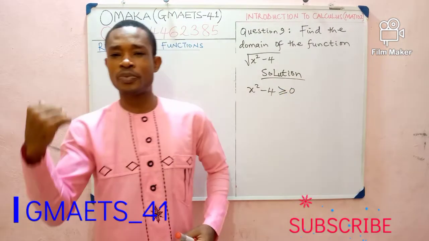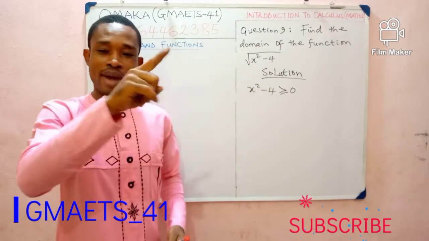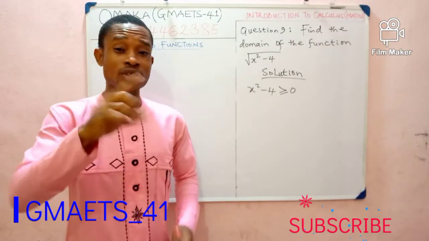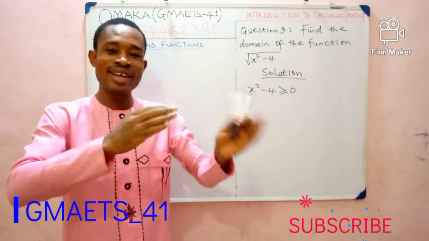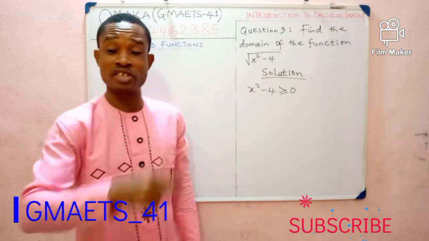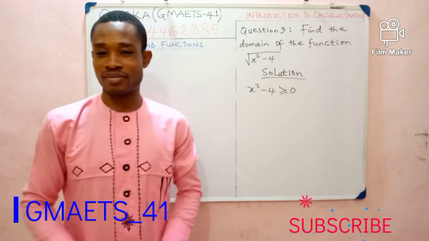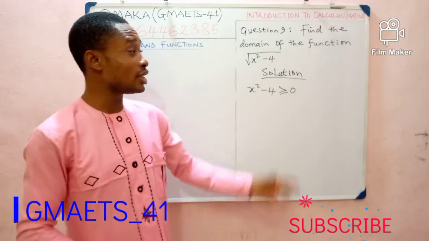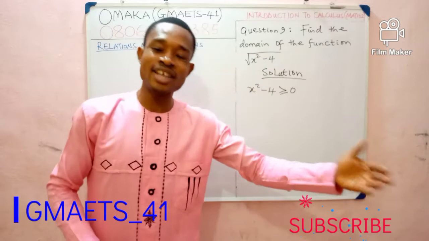You would recall in the previous question number 8, we had square root of 16 minus x squared. I told you that for that, the domain will be numbers between the limits of x you obtained there, because 16 as a number came before the square of x. And I told you to watch out, we're going to solve another problem where the square of x comes before a number.